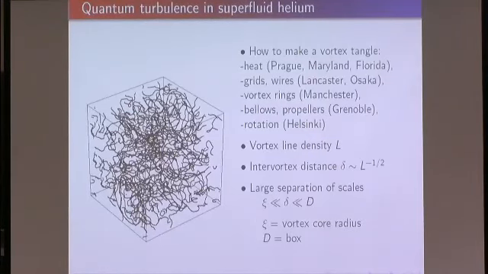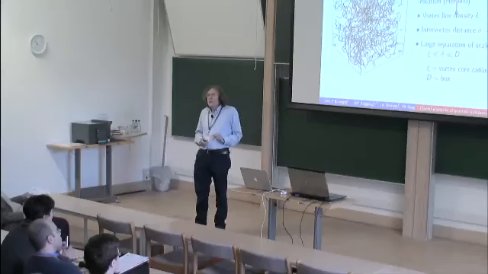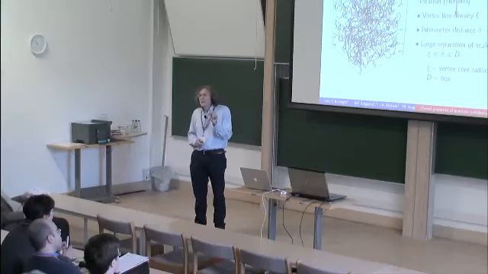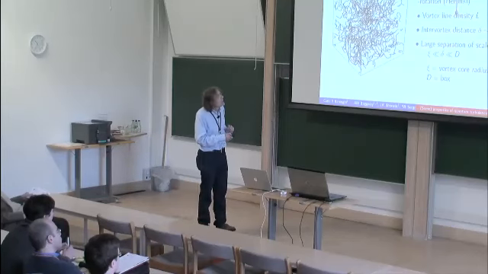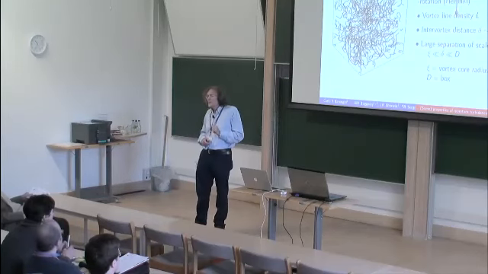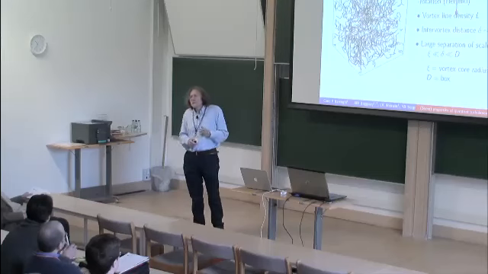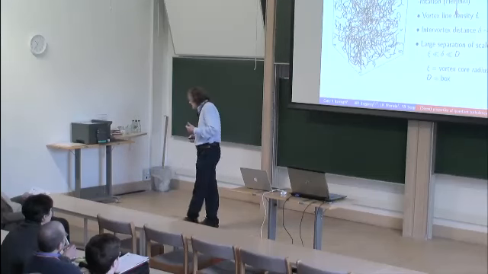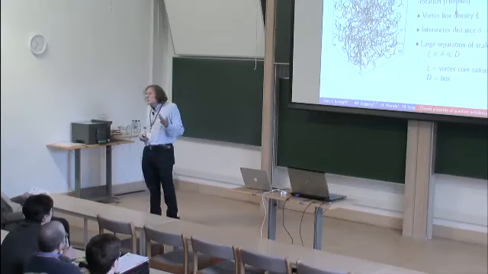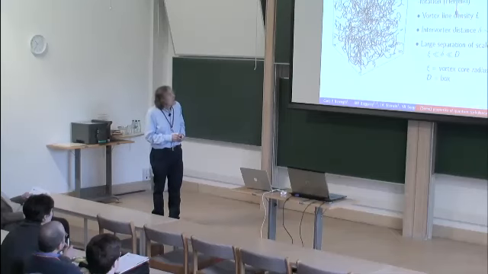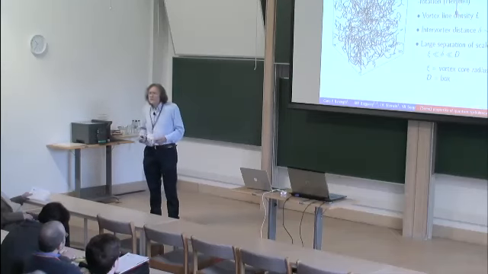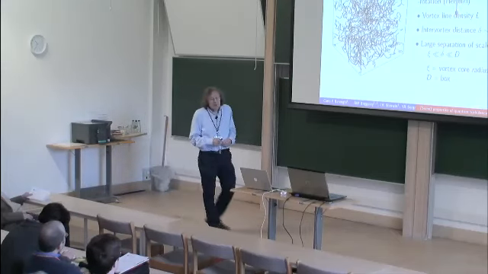So I call psi the thickness of a vortex core. Now that quantity is fixed by quantum mechanics. As I said, it's about 1 angstrom in liquid helium. Delta is the separation between vortices. I would say in many experiments it's something like between 10 to the minus 4 and 10 to the minus 2 centimeters. And capital D is the system size, the size of the experimental cell.